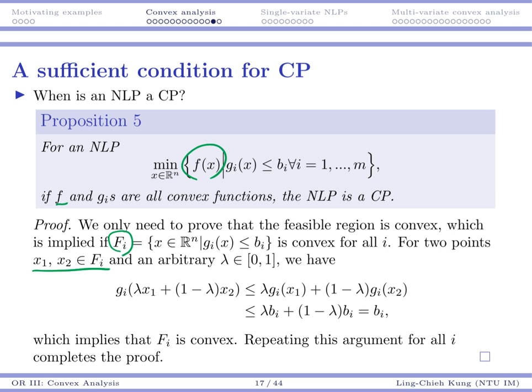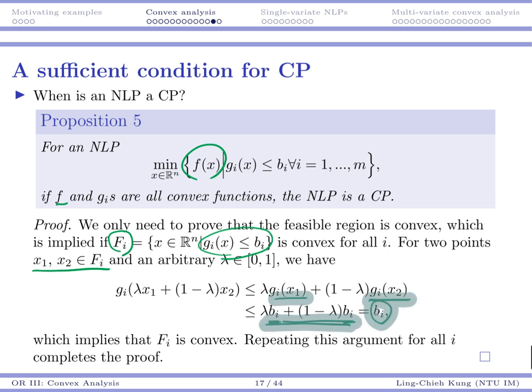Since your g function is convex, if you split this convex combination into two function evaluations and then do the combination, according to convexity we have this inequality. Also, we know gi of x1 is less than or equal to bi, and gi of x2 is also less than or equal to bi because they are in the set. And then this combination gives you bi.